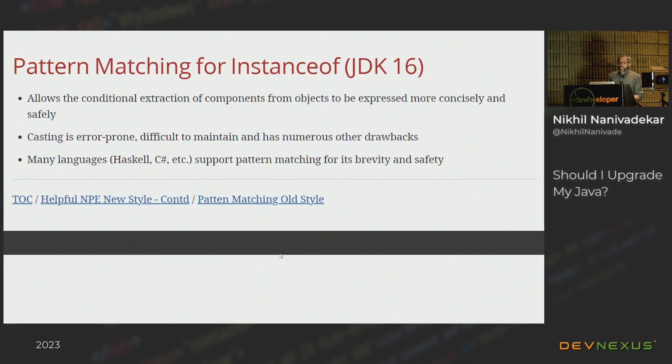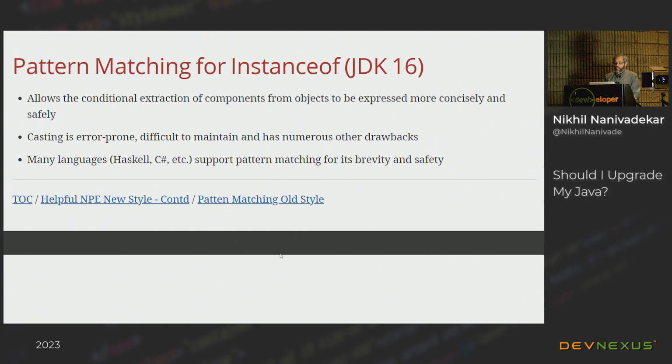Essentially, pattern matching is Java starting to support patterns of variables for brevity as well as for safety. Languages like C# and Haskell already do it. As developers, we all love casting, right? I say it a little sarcastically, but casting is error prone and also difficult to maintain, so this is Java's attempt to help us with that.